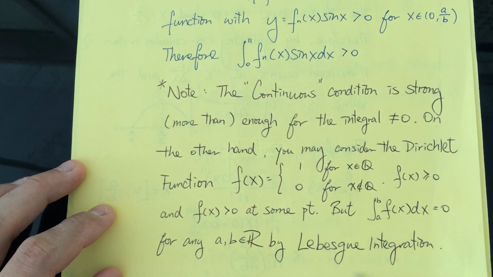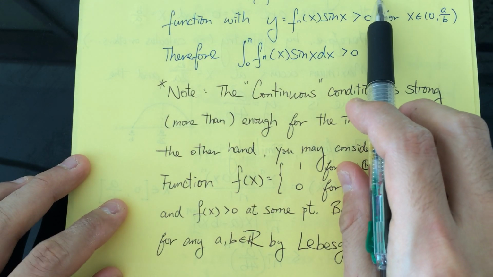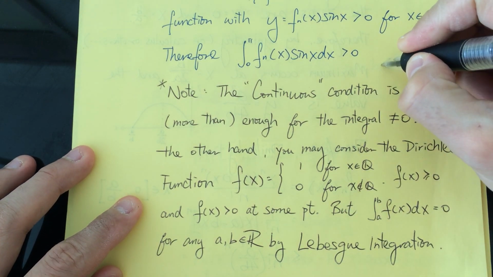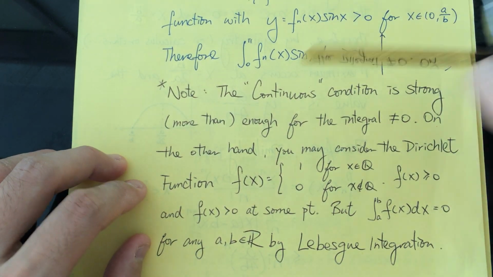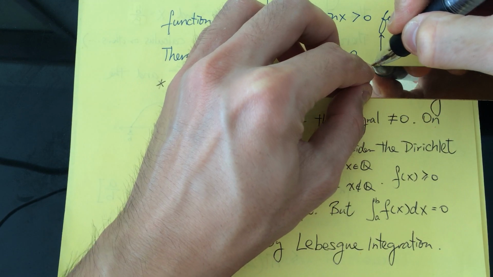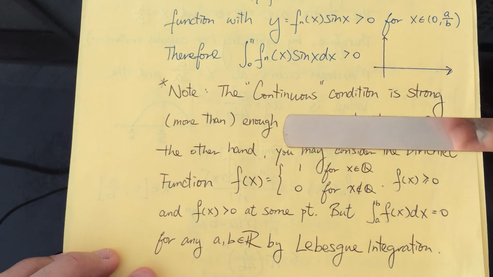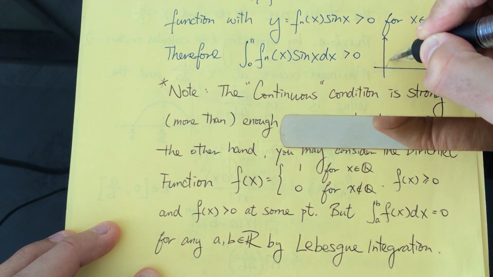We will not go into details in this video. I will make another video about Lebesgue integration in future. What I want to emphasize is that the continuity condition gives the function this property.